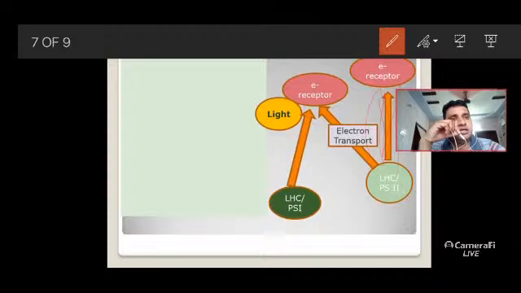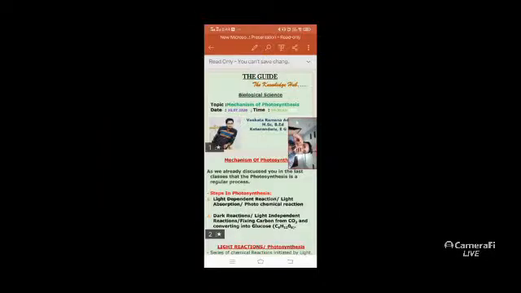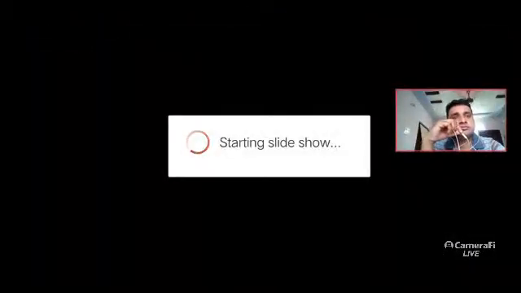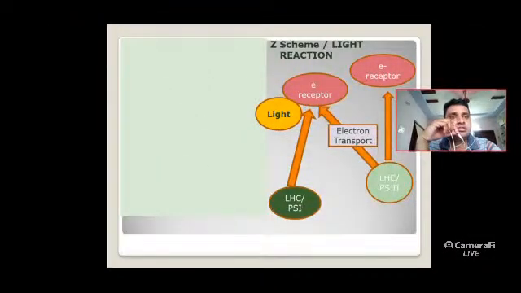Those electrons are received by the electron receptors and then enter photosystem 1, which is activated by LHC, the light harvesting complex. That is called the Z-scheme.